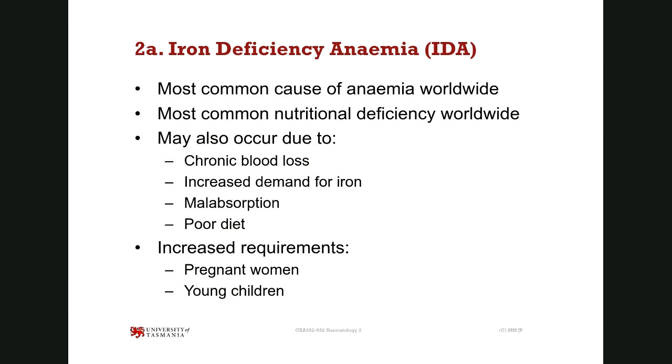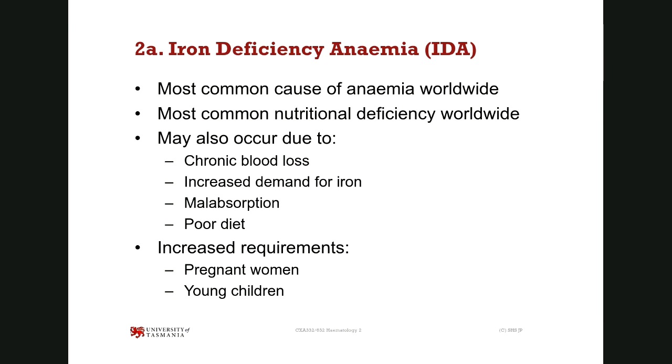So as we know, it's the most common cause of anemia worldwide, and it's also the most common nutritional deficiency worldwide. So everything's working the way it should. It's just that for some reason, there is a deficiency of iron to the cells, to the developing red cells in the bone marrow, and also to other cells of the body as well.